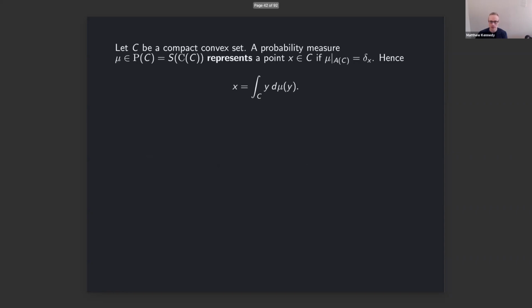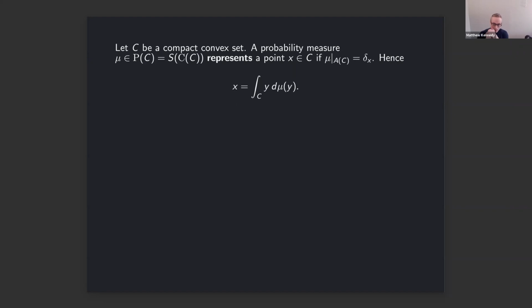Let me review the integral representation theorem of Bishop and de Leeuw. This says that if I have a compact convex set C and a point x in C, and a probability measure mu on C, which I view as a state on the space of continuous functions on C, then the barycenter of this probability measure means its restriction to the continuous affine functions.